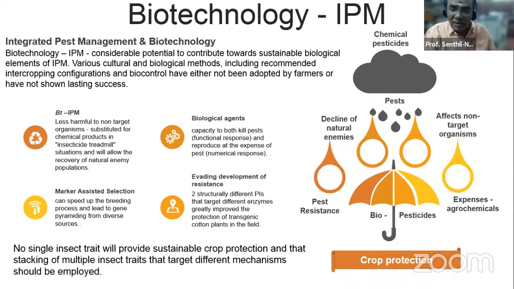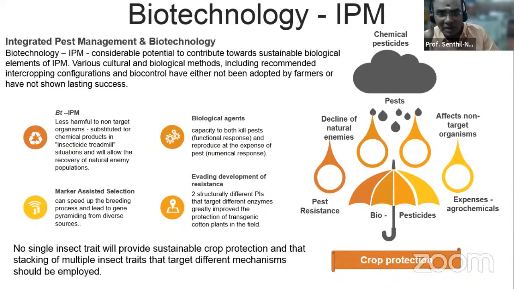So even there are a lot of biotechnological tools that have been adopted for integrated pest management, including Bt, Bacillus thuringiensis. The Bacillus thuringiensis gene, called the cry gene, has been identified and inserted into plants like rice and maize, and that is also combined with botanical insecticides, so the effect will be severe.